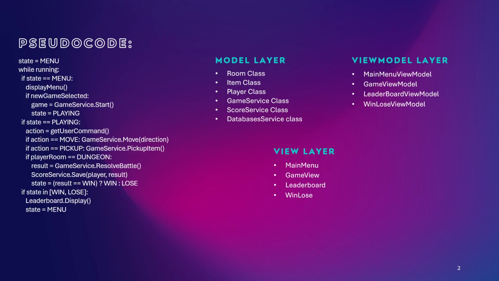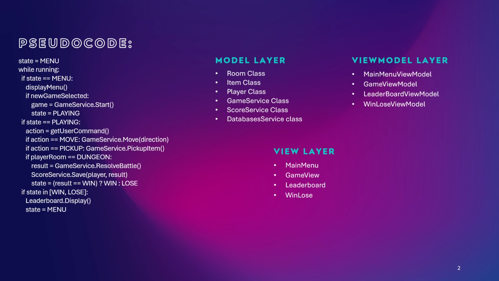Each service and model class is going to include unit testing to validate the game logic, scoring, and the goal is to improve the maintainability and reliability of this application. So the view model is going to host the application logic. These are the commands for starting the game, viewing the leaderboard, as well as executing the commands that will invoke the corresponding services in the model layer.